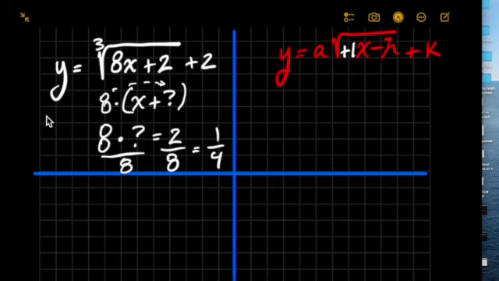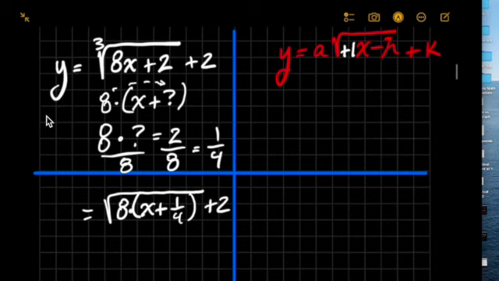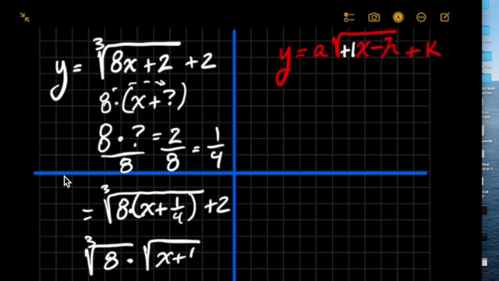Okay, so we're going to rewrite this radical as y equals the cube root of 8 times x plus 1/4 plus 2. Now we're going to give each of these factors its separate radical. So we are going to have the cube root of 8 times the cube root of x plus 1/4 plus 2.